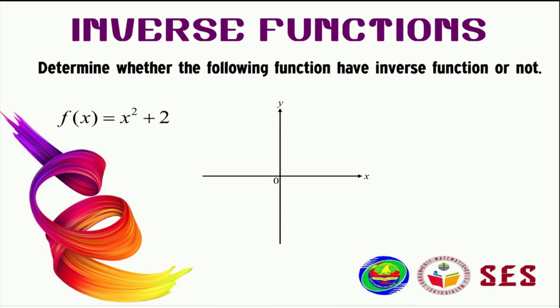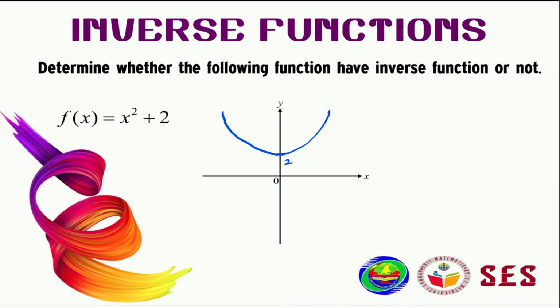This is a quadratic function, and we have discussed how to sketch it earlier. The plus 2 is the y-intercept and the minimum point. We have positive x squared, so it is a smile shape. So this is the graph.